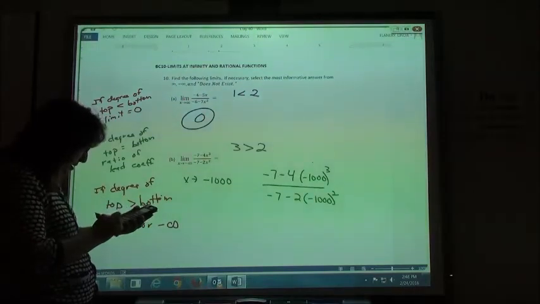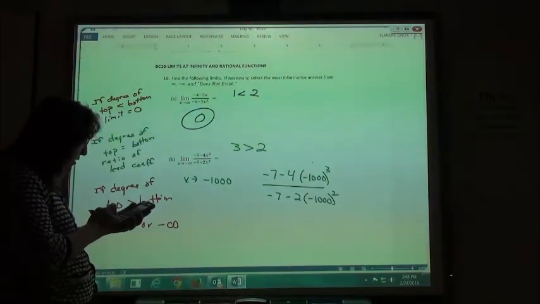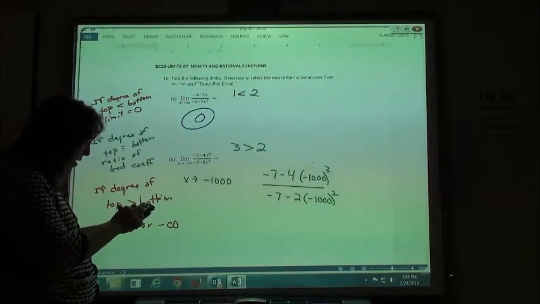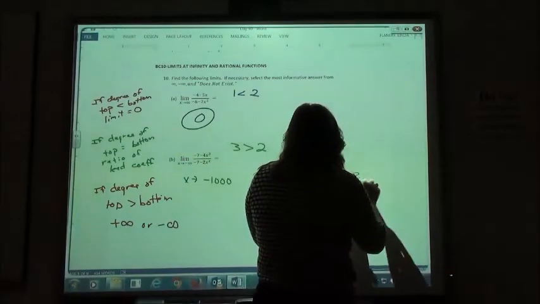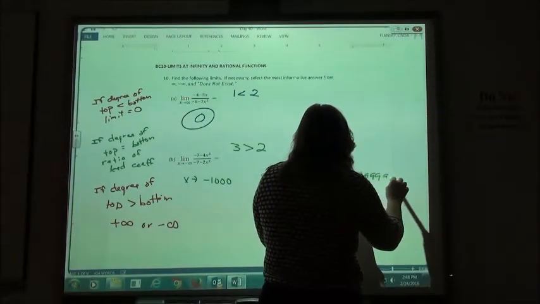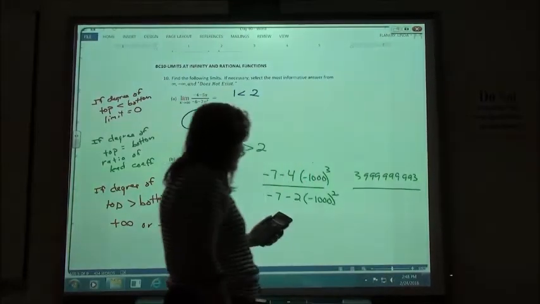Negative 7 minus 4 parentheses, negative 1,000, cubed, gives me 3,999,999,993. It's a positive number.